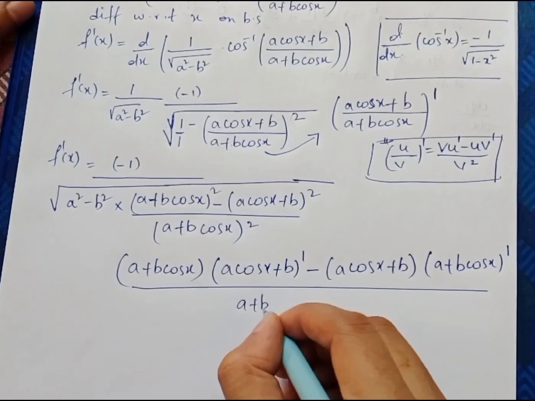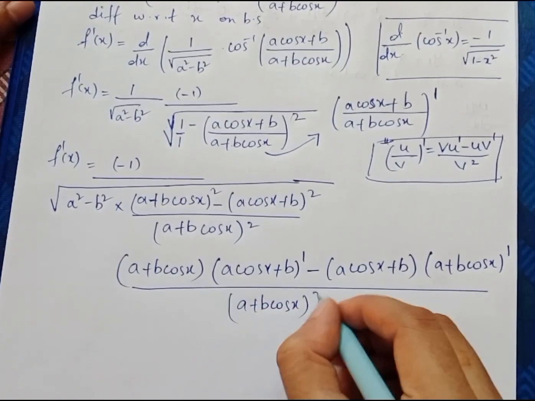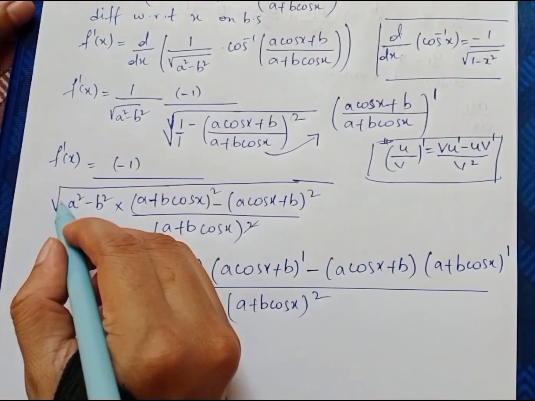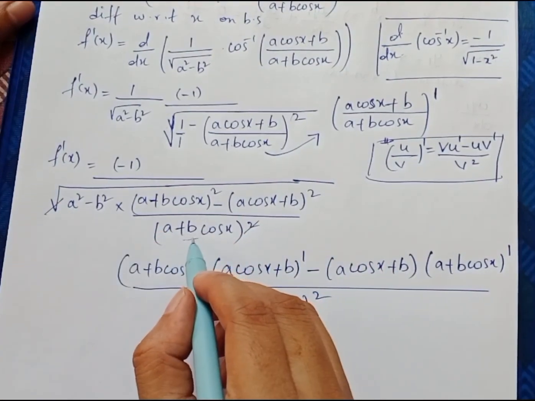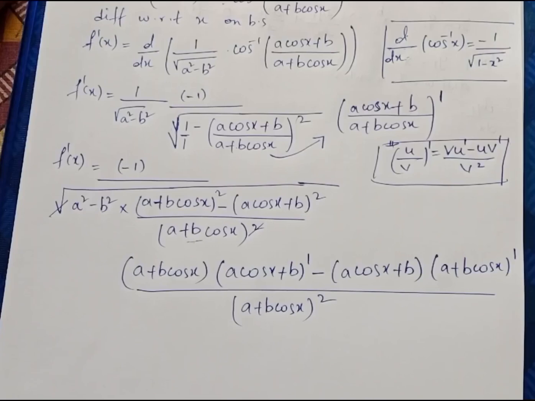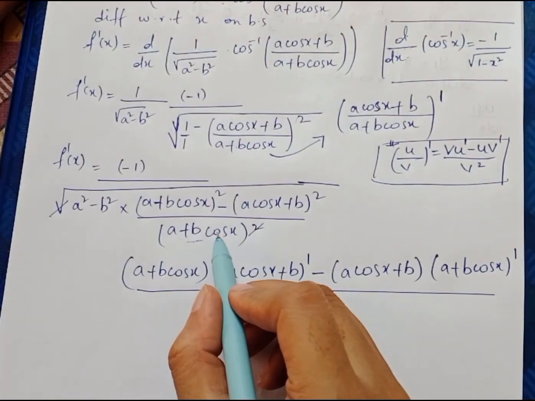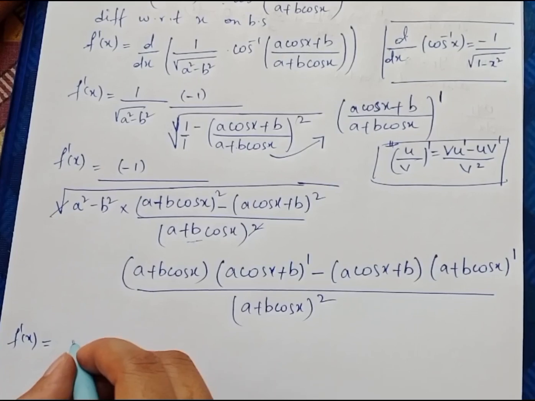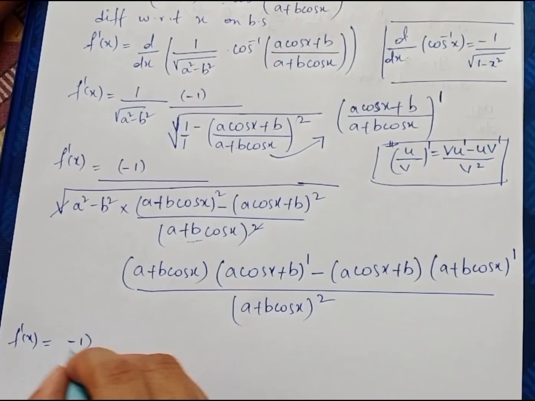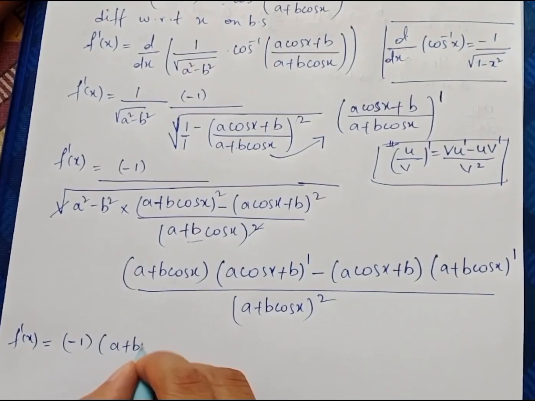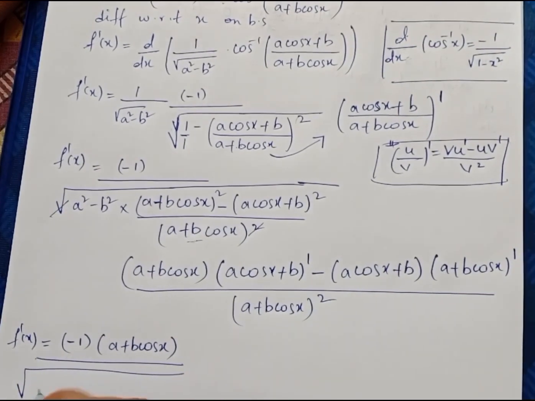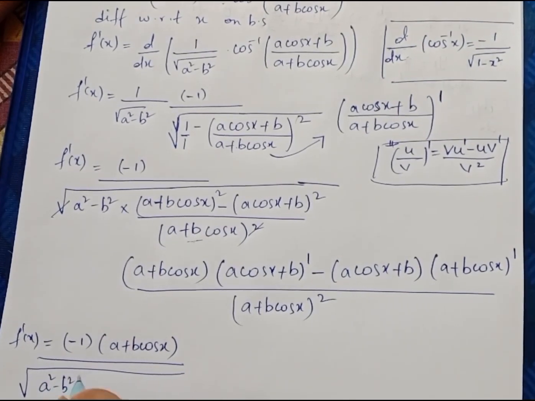So it is (a plus b cos x) whole square. Now this square and root, for this term the denominator it gets cancelled, so this goes in the numerator. So f dash of x is equal to minus 1 into (a plus b cos x) by root of a square minus b square.